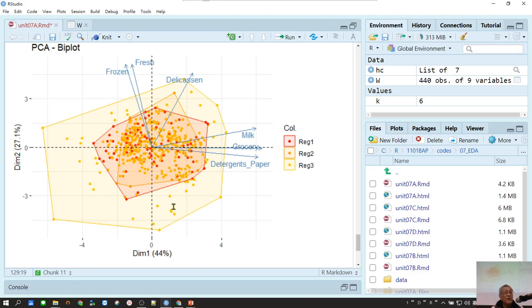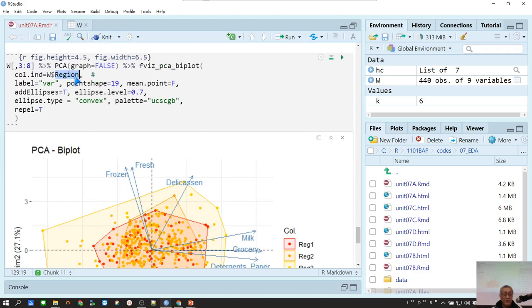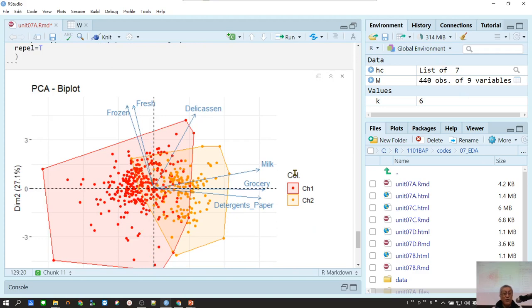You get my point? And sometimes the observable group already has some different characteristics. For example, if you plot channel, you can see the difference between two channels.